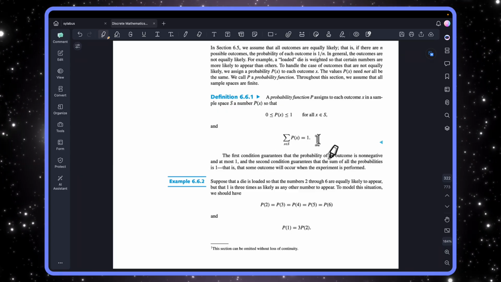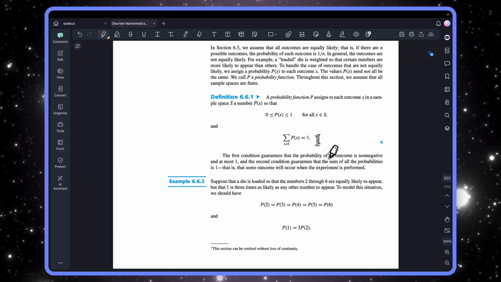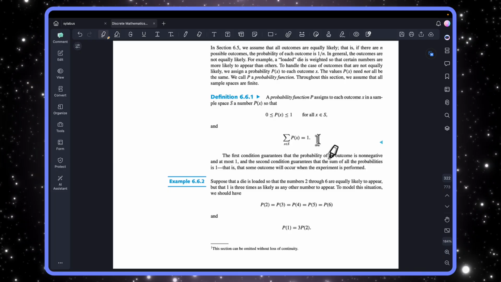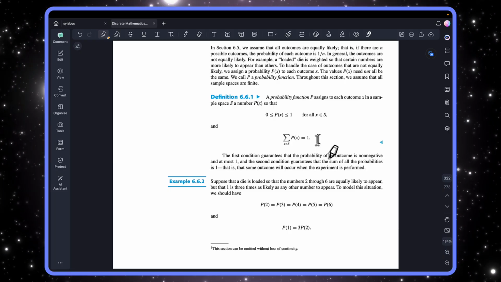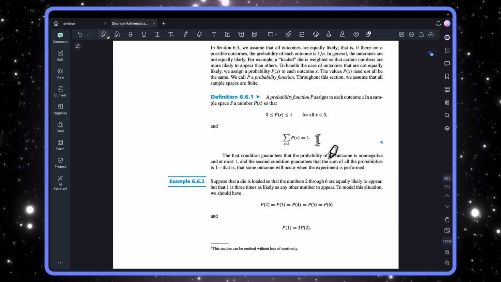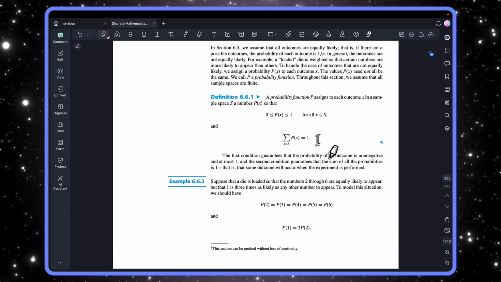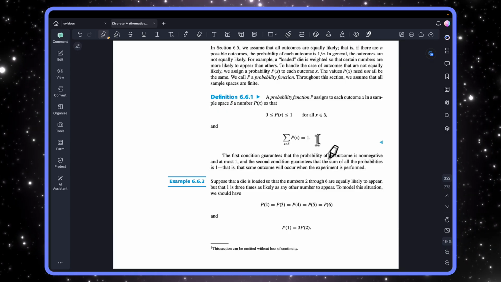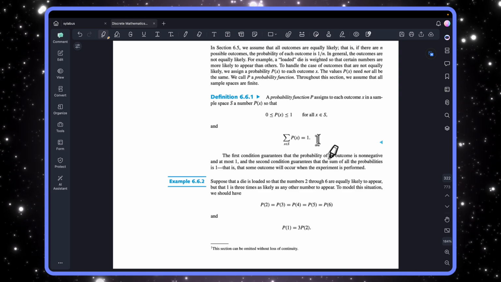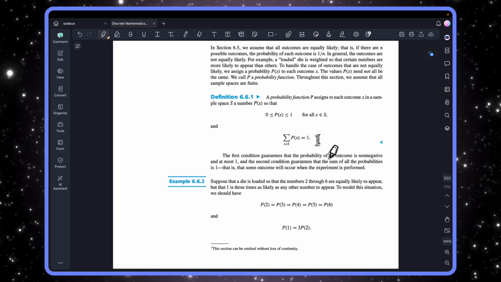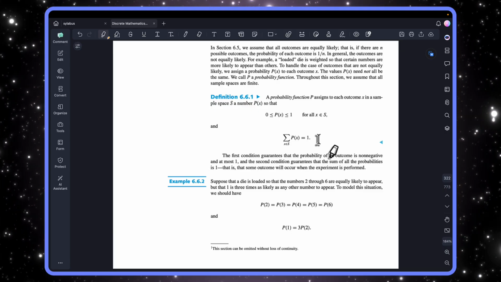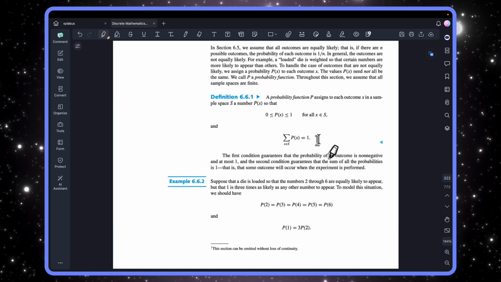A good example is flipping a coin, heads or tails. So there would be two outcomes. The probability of both of them is typically considered to be equally likely. So the probability of getting a head would be 1/2, and the probability of getting a tail would be 1/2. So they add up to 1.